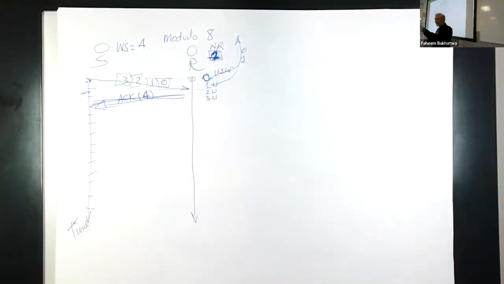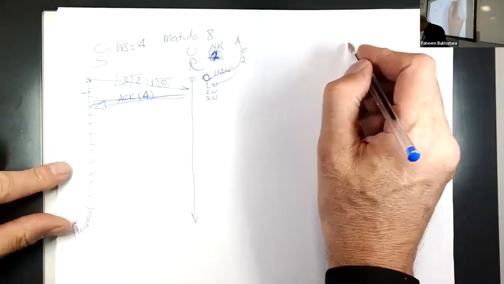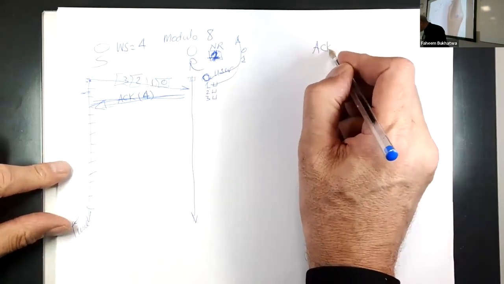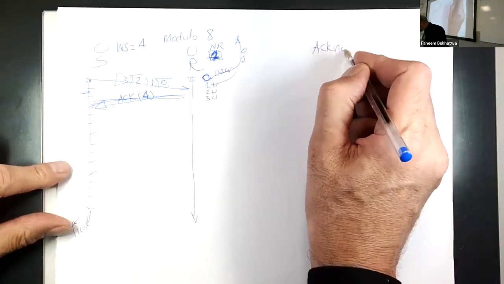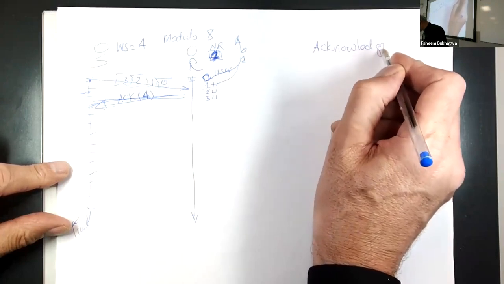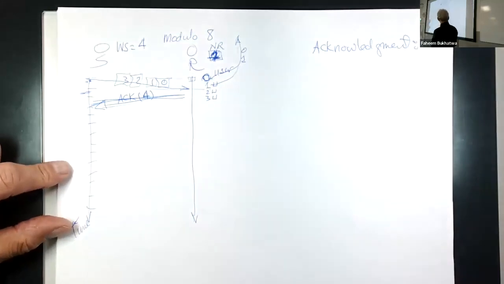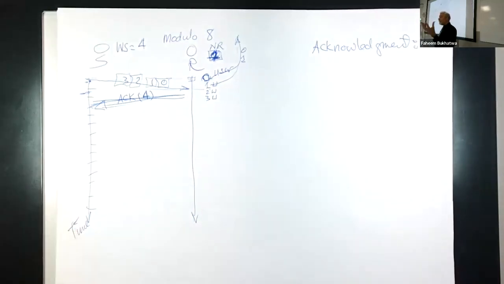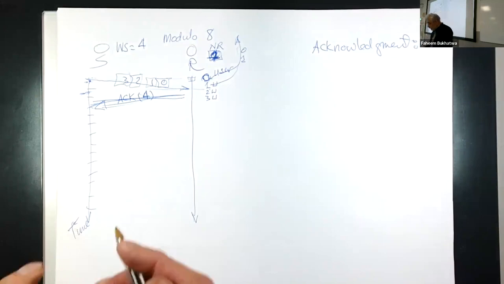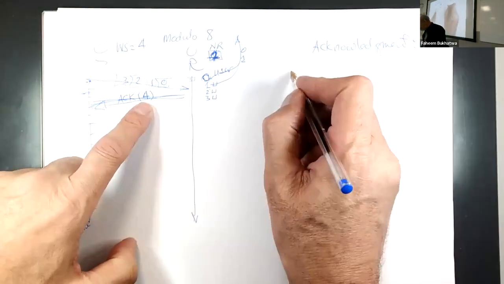I'm sending you an acknowledgement, and you open it and it says number 4. What does number 4 mean? What does this acknowledgement mean? What can an acknowledgement number possibly mean? So now, number 4 means two things.